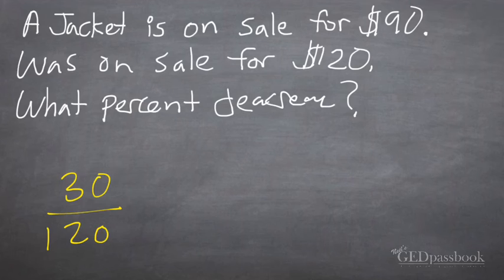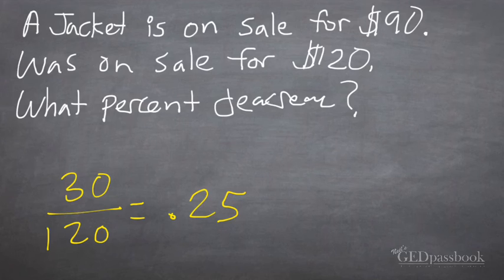A jacket is on sale for $90. It was $120 3 days ago, whatever, a week ago. It doesn't matter. The original price of the jacket was $120. Now it's at $90. So 120 should be the one that you divide your difference by. So you do on the calculator 30 divided by 120. What do we get? 0.25.